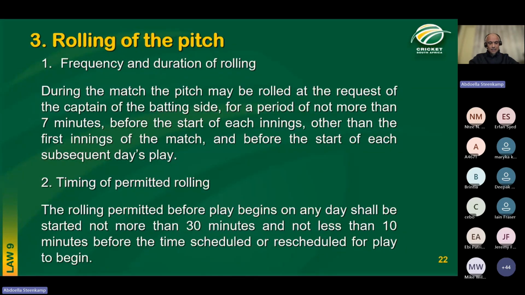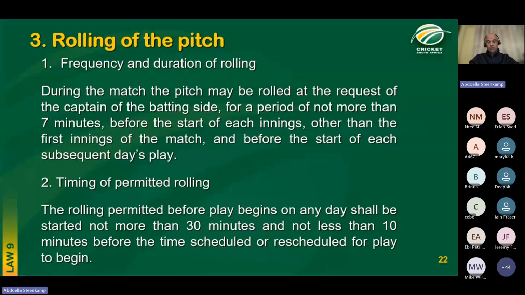If Temba says yes, we will ask Temba how long. Temba, let's say 7 minutes. And we will then also ask Temba which roller. If there are 3 rollers available, we'll tell Temba there are 3 rollers available. Do you want the heavy, the medium, or the hand roller? Let's say Temba chooses the heavy roller.